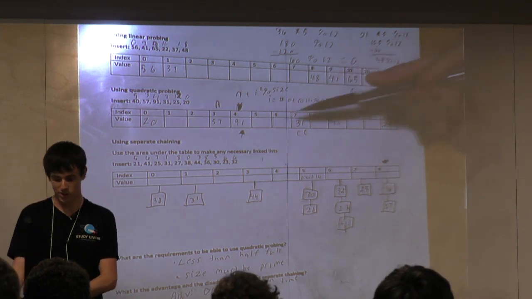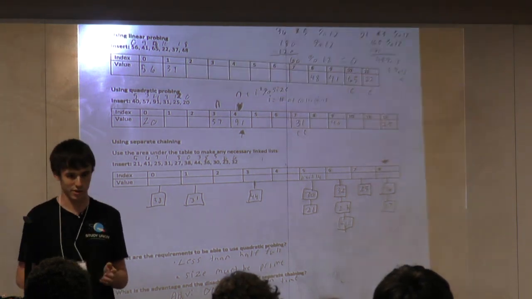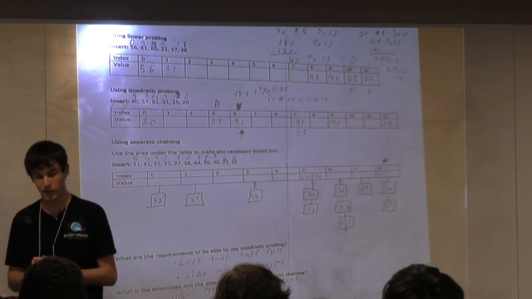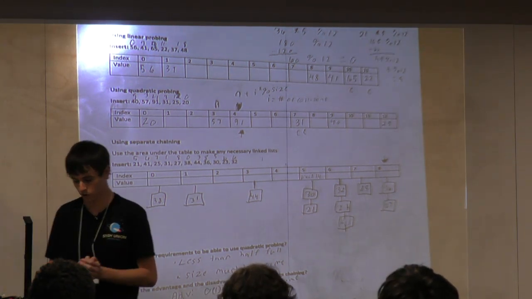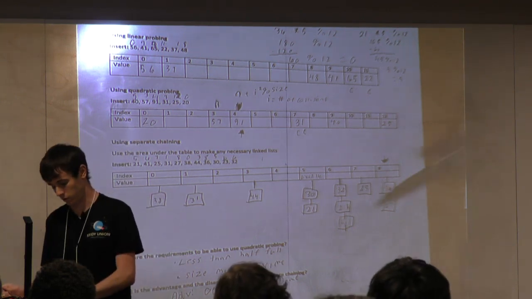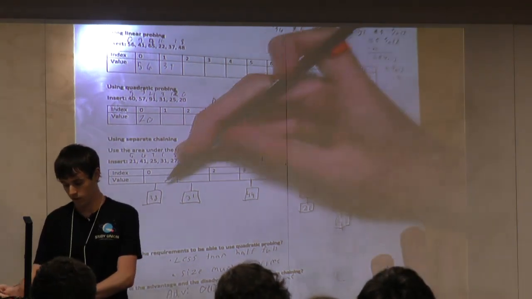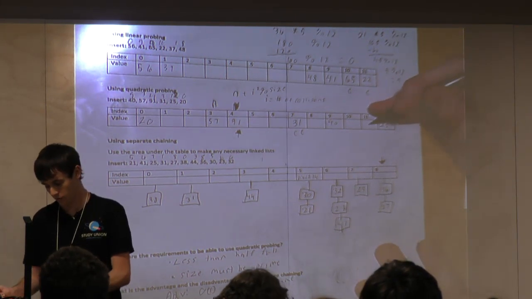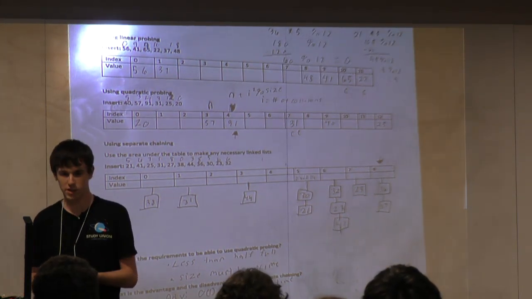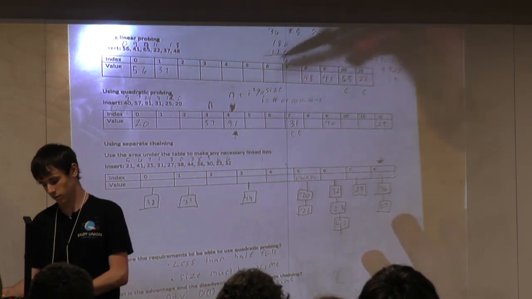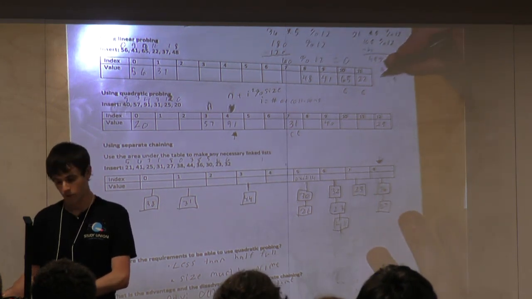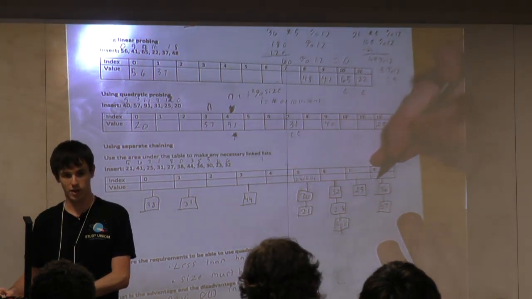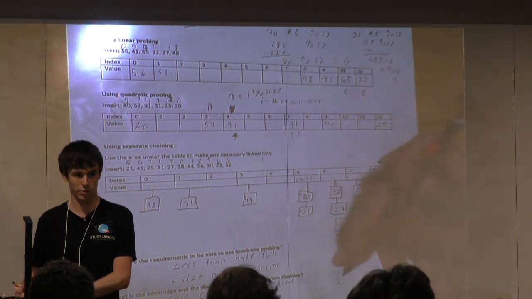So with all these, like I said, the worst case is almost always that we insert everything to the same position. So in these two cases, it'll cause our entire hash table to become relatively full. The other problem when we do this linked list, though, is let's think about the storage we're using here. When we do these two up here, let's say it's an array of like our 11 numbers. But down here we have an array of 11 pointers, and then we have every node that's associated with those.